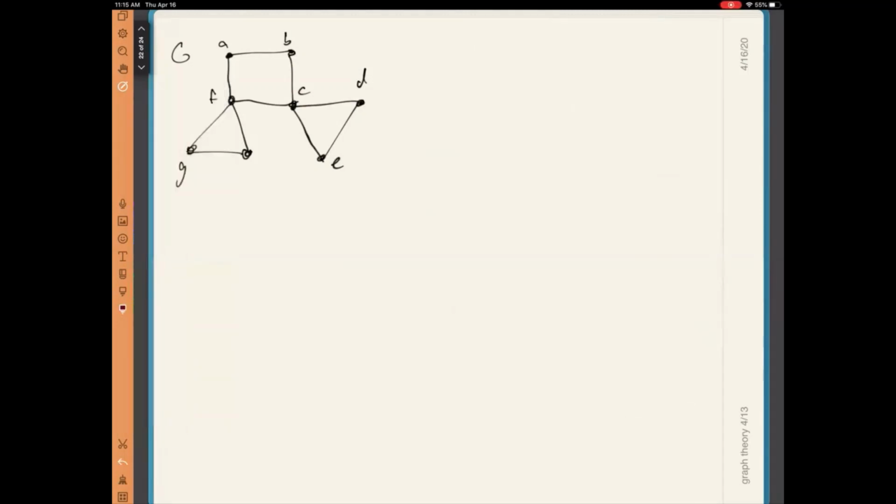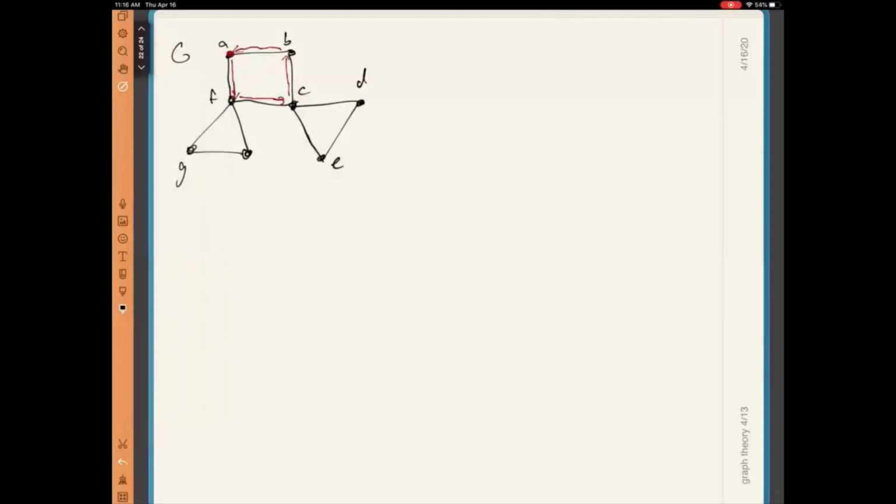And so maybe we picked A as our starting point, and you just arbitrarily keep adding edges to form a path. Let's say I went from A to F, and then F to C, and then C to B. Well, once I hit B, there's only one more edge I can add without traveling the same thing more than once, so I have to go back to A. And at this point, the algorithm would have stopped because I have no more edges I can travel which I haven't already traversed, right?